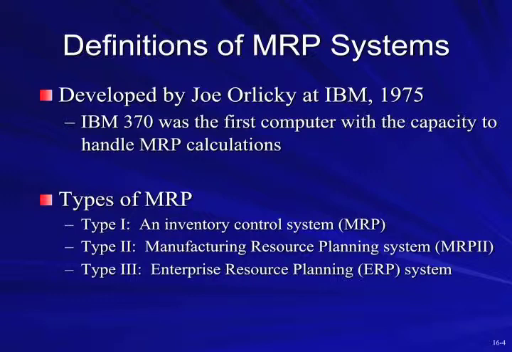That's the earliest one. The type 2, they started incorporating manufacturing resource planning, which include people and machines in there. And type 3, which we'll talk about today, is going to the current level of enterprise resource planning as well.